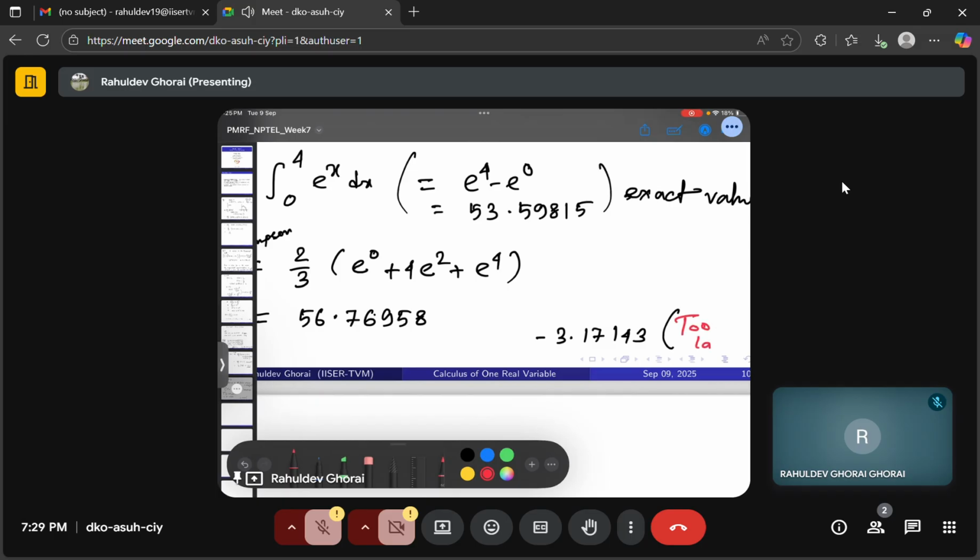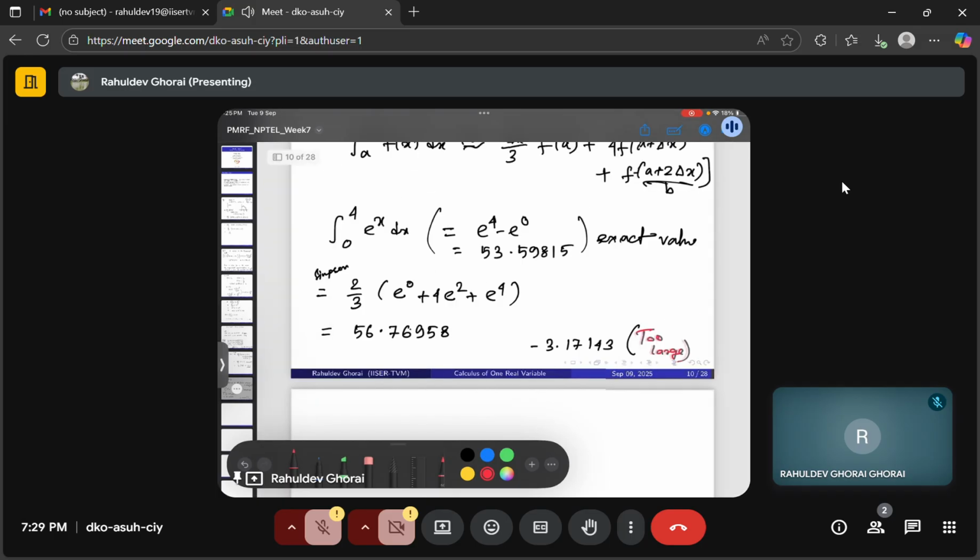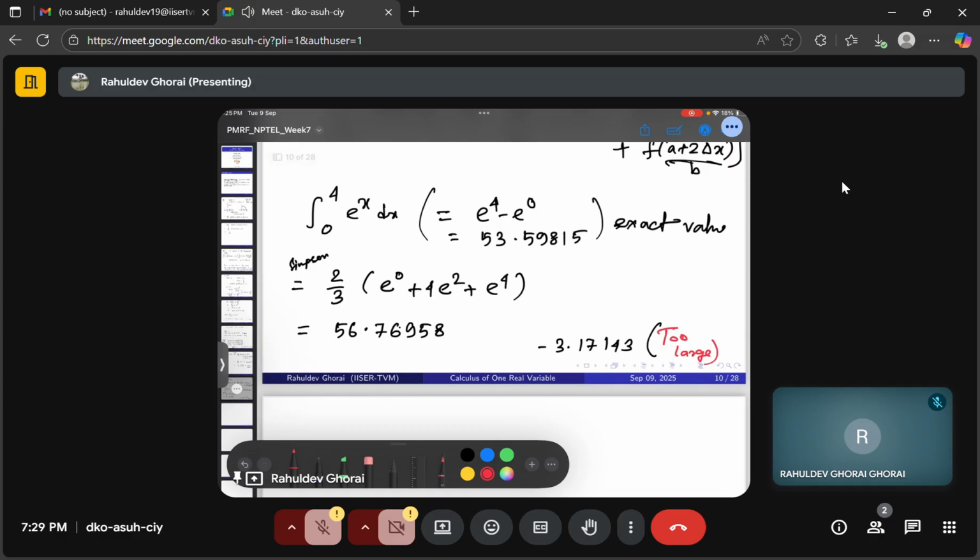Too large. So the error is minus 3 point something, very large. Errors have to be at least 1 over 10, 1 over 100. A smaller error is much better, but here it is minus 3.